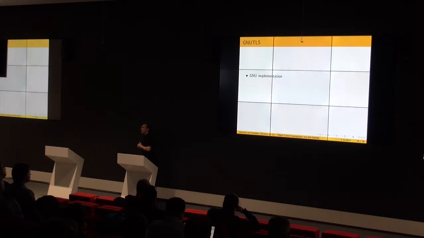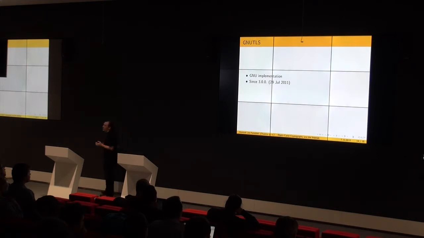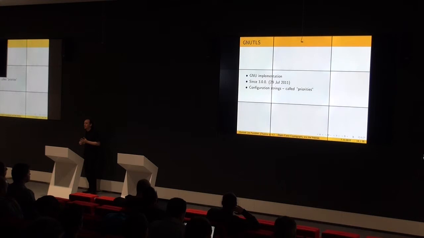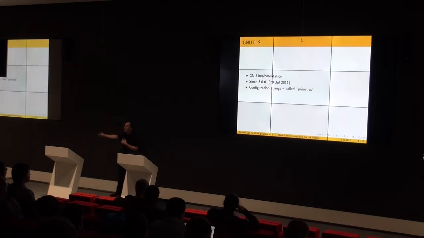With another implementation, the GNU implementation, GNU TLS, it's a bit younger. It's supported only for about 4 years, the whole elliptic-curve cryptography primitives. And here the configuration strings are called priorities, which I think is more appropriate because the order does matter. The first match you get with your peer is the cipher suite you will use.